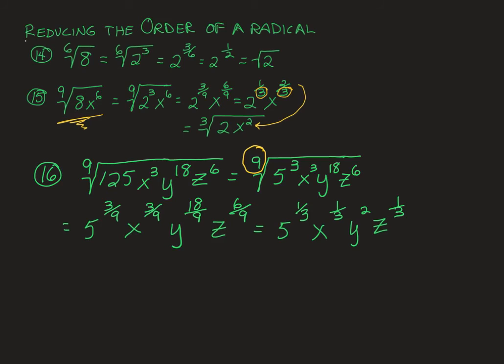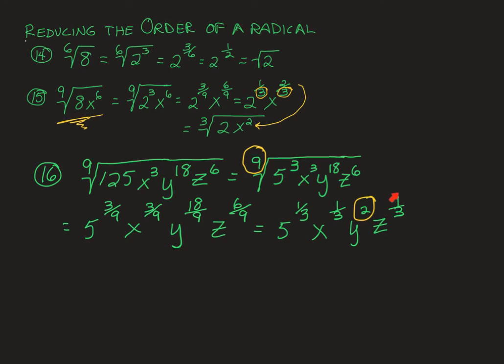We have an integer exponent that is not going to be under a radical by the time we finish. Okay? So all of these others still have fractional exponents, and their denominators here, we have 1/3, 1/3, 1/3.